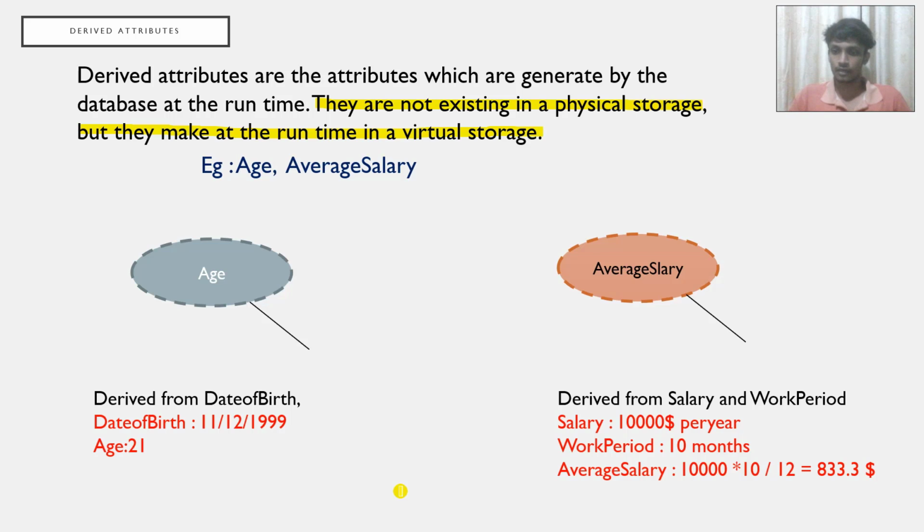Then average salary will be approximately 833 dollars and 30 cents. So it is not actually existing in the database. It is automatically generated by using salary and work period. Right? So I think derived attributes are clear now.